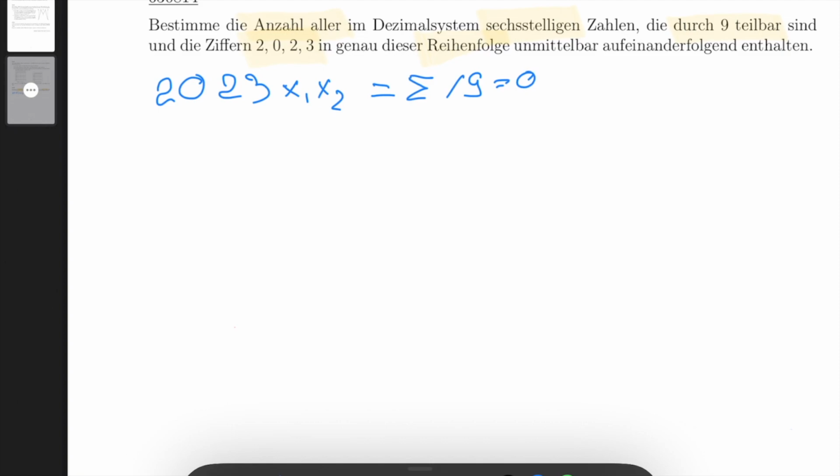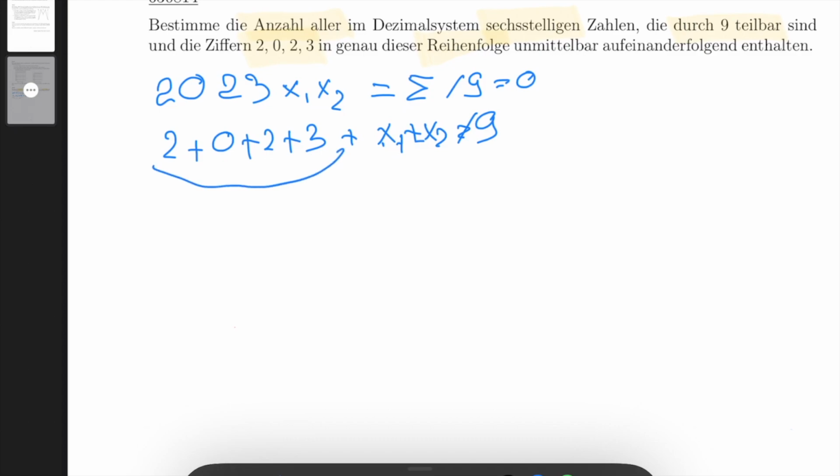So 2 plus 0 plus 2 plus 3 is 7, plus x1 plus x2 should be divisible by 9.